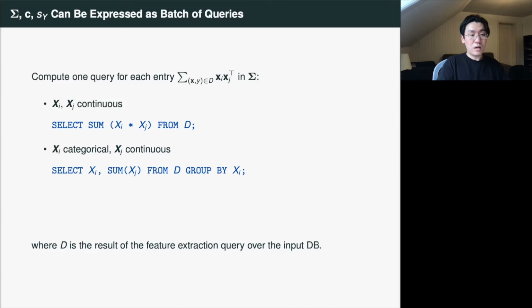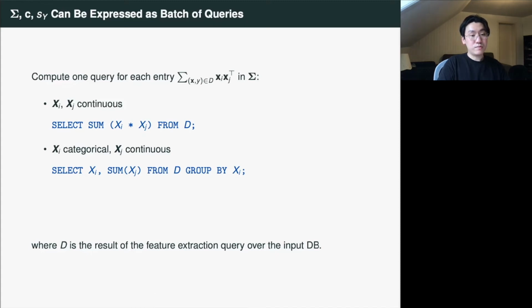What if one of the attributes is categorical? For example, if we have a categorical feature xi to be city and a continuous attribute temperature, and the value of city here is London and the temperature is 25 degrees, London times 25 degrees does not make sense.